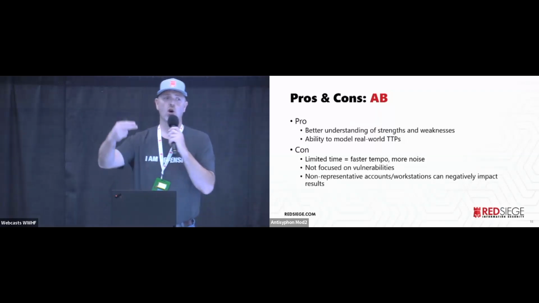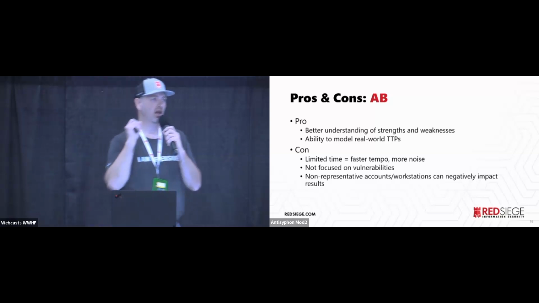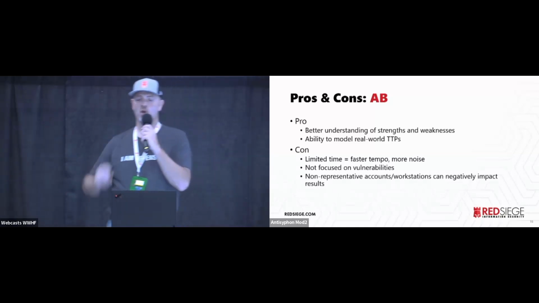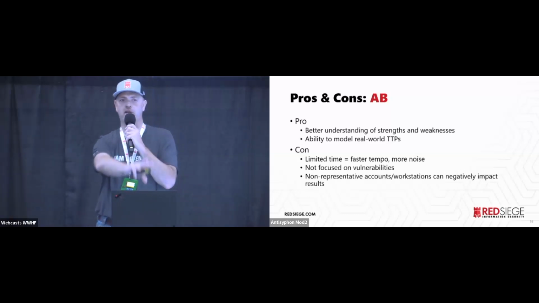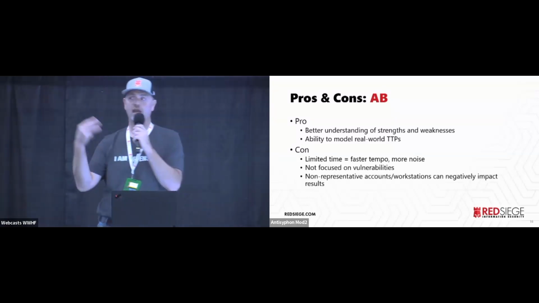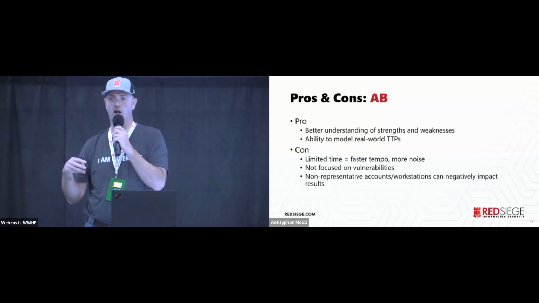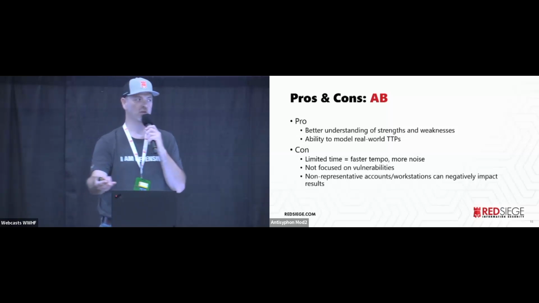So if I want to know what happens to Joe in accounting when he gets compromised, if you give me a workstation that is just Windows 10, it doesn't have any applications on it, doesn't have anything that Joe uses, doesn't have any of your standard software on it, how can I realistically test what happens from Joe's machine?